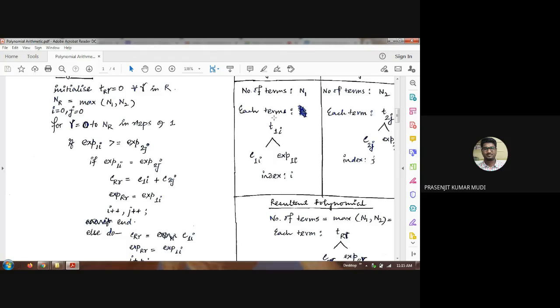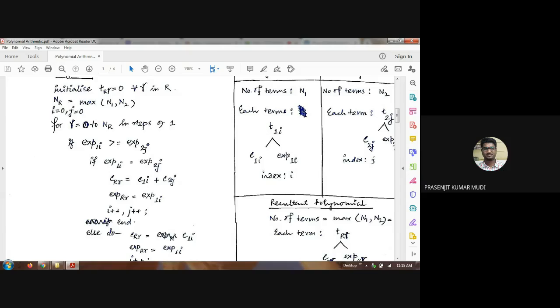So each T1I will consist of two components. One is the coefficient and the other is the exponent. The coefficient is represented by small c1i and the exponent part is exp1i. We are not using e because e means something else, a constant.